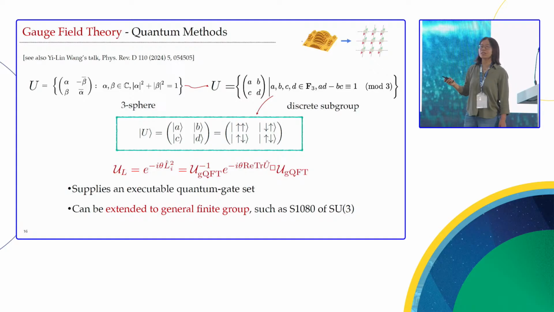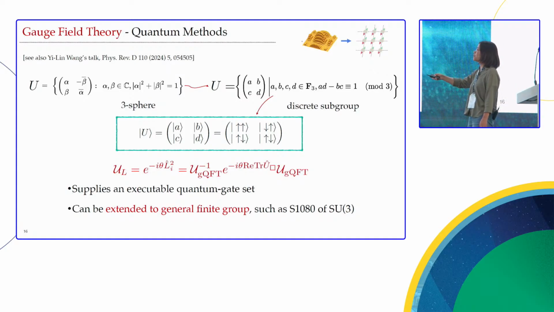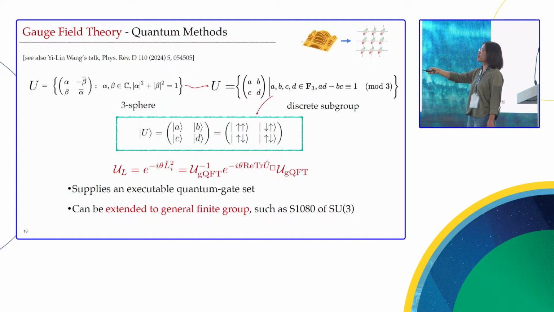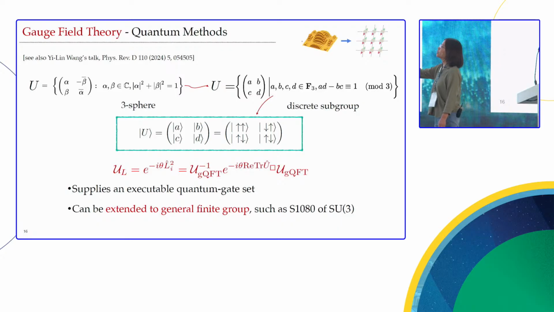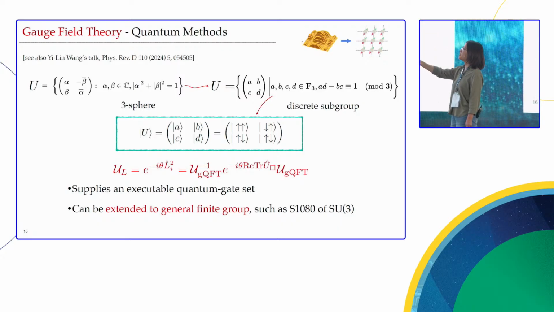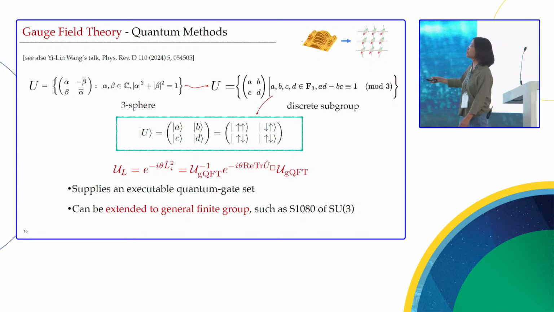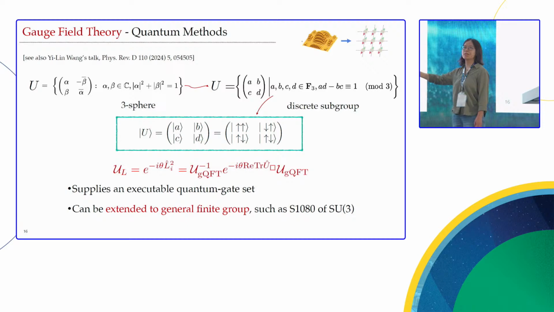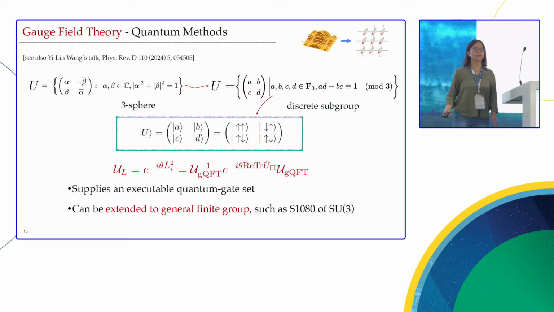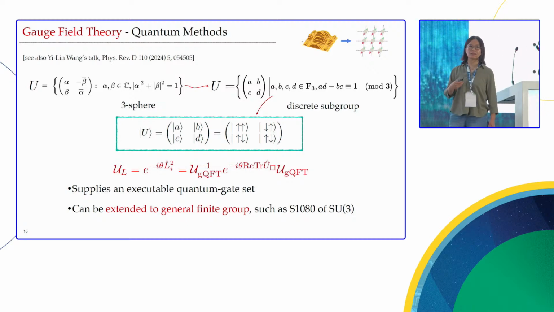And then also, given the group property, we have this time evolution operator for the kinetic term, also related to this U basis by a group Fourier transformation. But it's non-trivial to say whether this group Fourier transformation could have the same polynomial time complexity as the scalar field or not. Right?